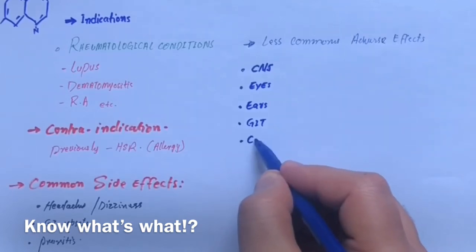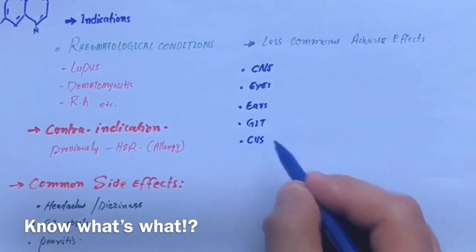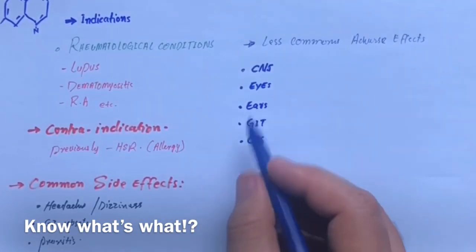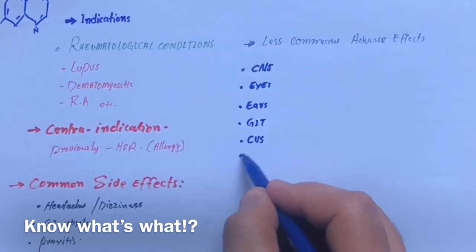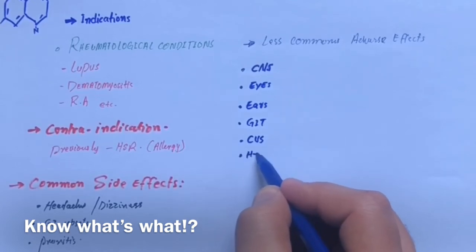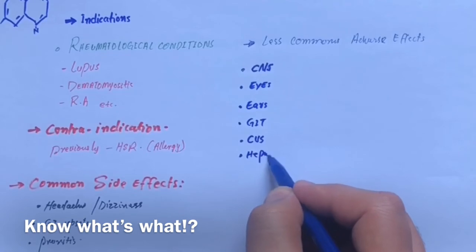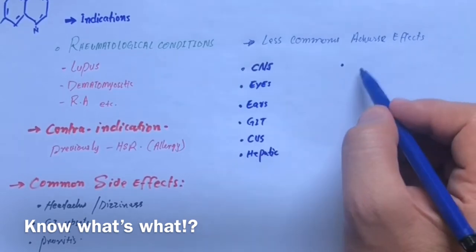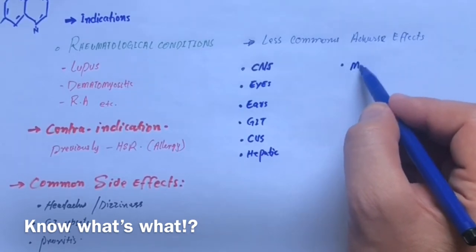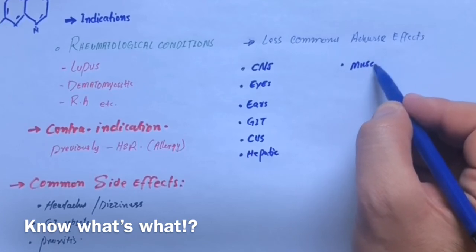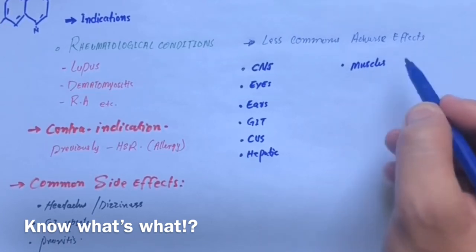Now, in case of the CVS, it will cause prolonged QT interval, AV block, and bundle branch block. Effects on the liver will cause hepatitis. And effects on the muscles will be proximal myopathy.